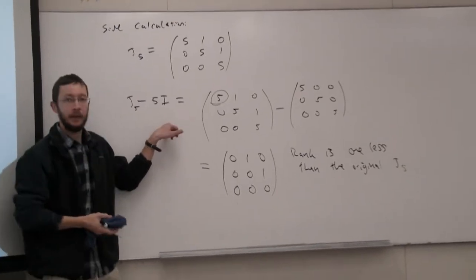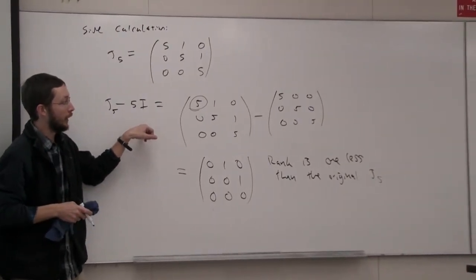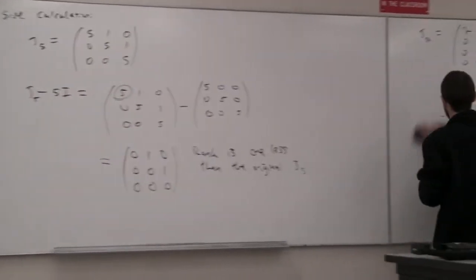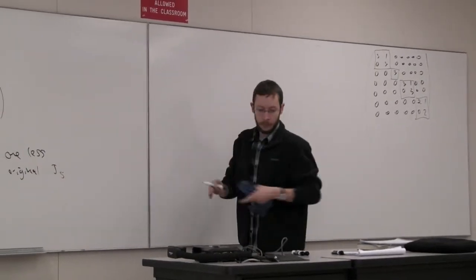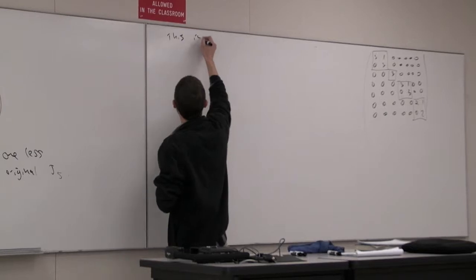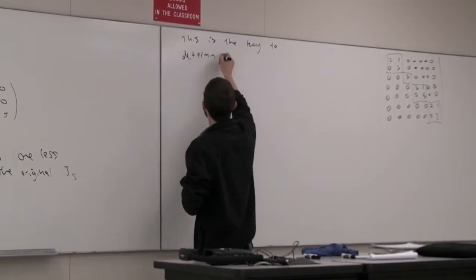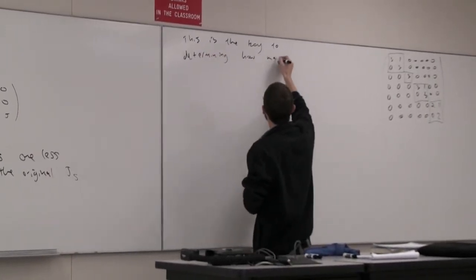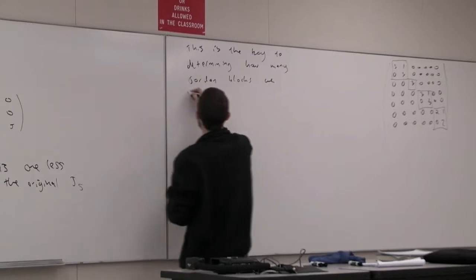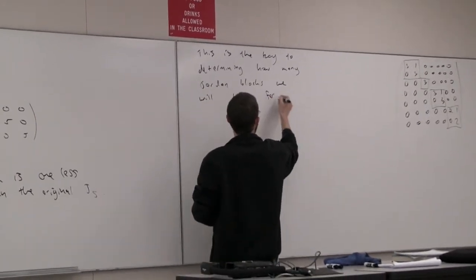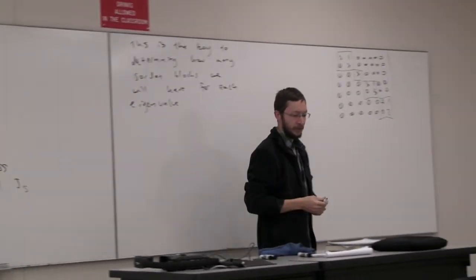And so that right there is the key to help us determine how many Jordan blocks our matrix A is going to have for each eigenvalue.